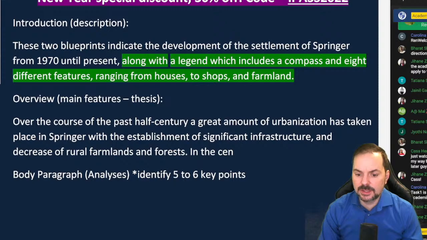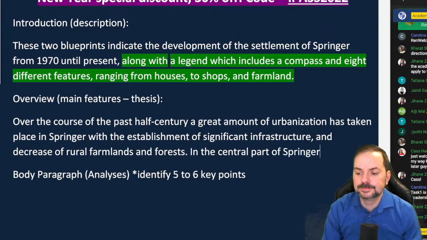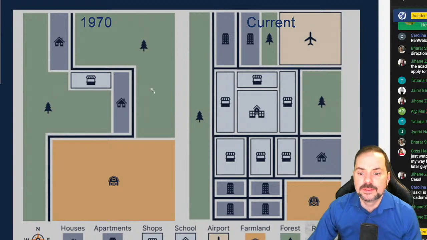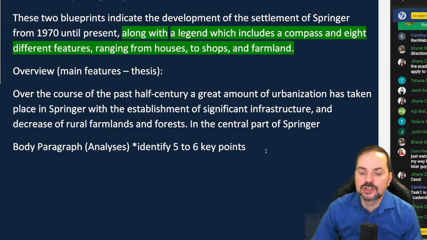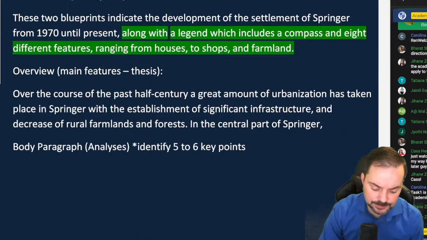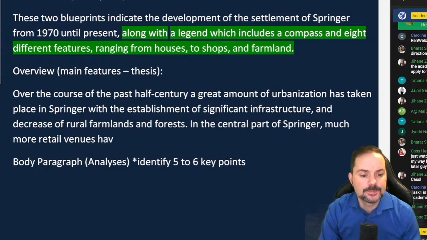In the central part of Springer, looking at this spot here, okay, many more or much more retail venues have been built along with a school.